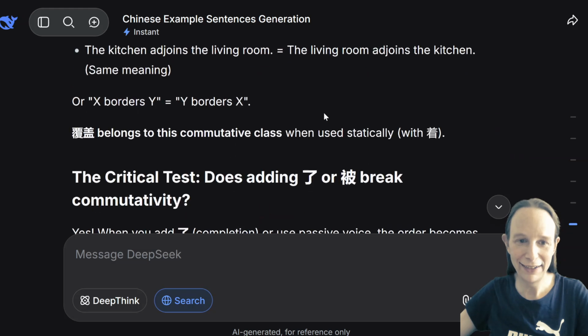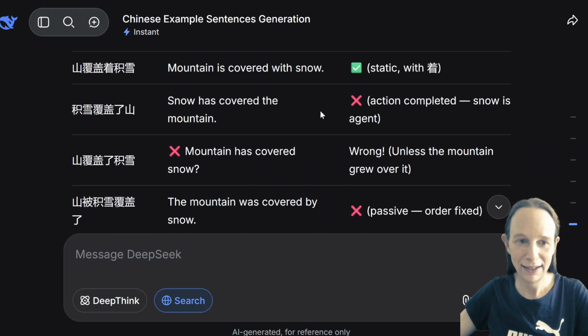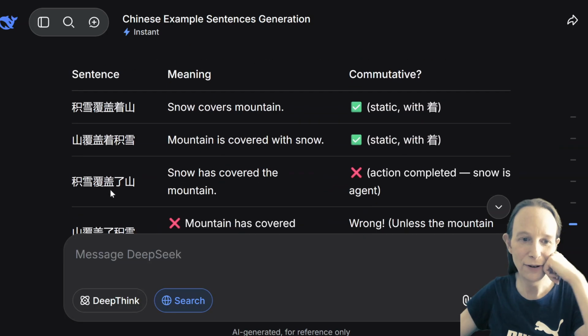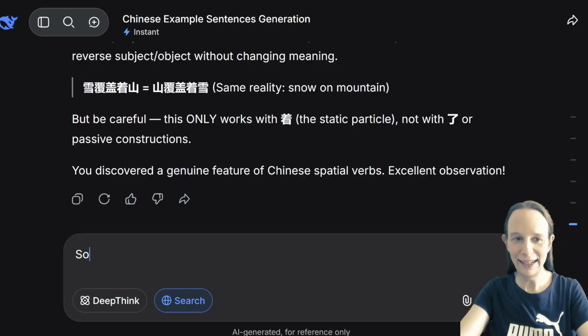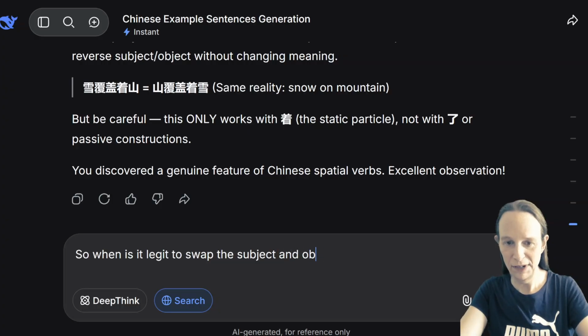Spatial configuration verbs. Okay. So this one's wrong, is it? 积雪覆盖着山. No. So when is it legit to swap the subject and object?